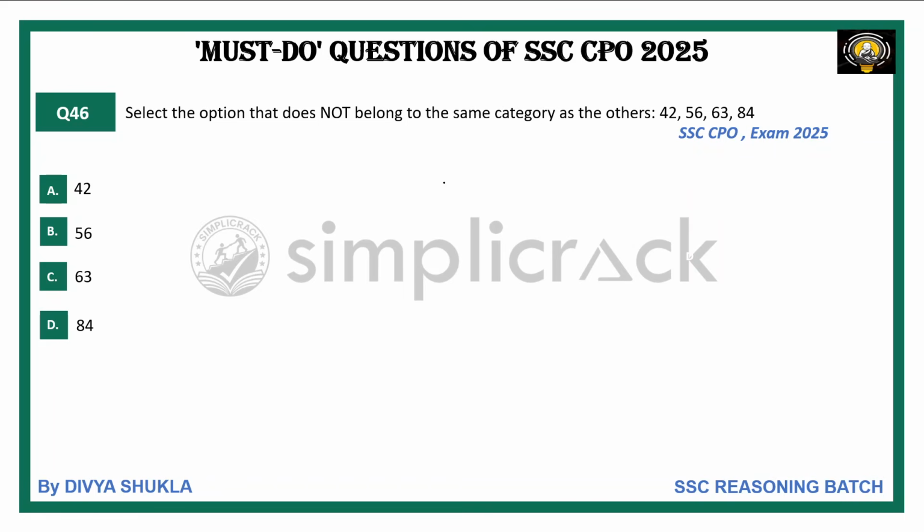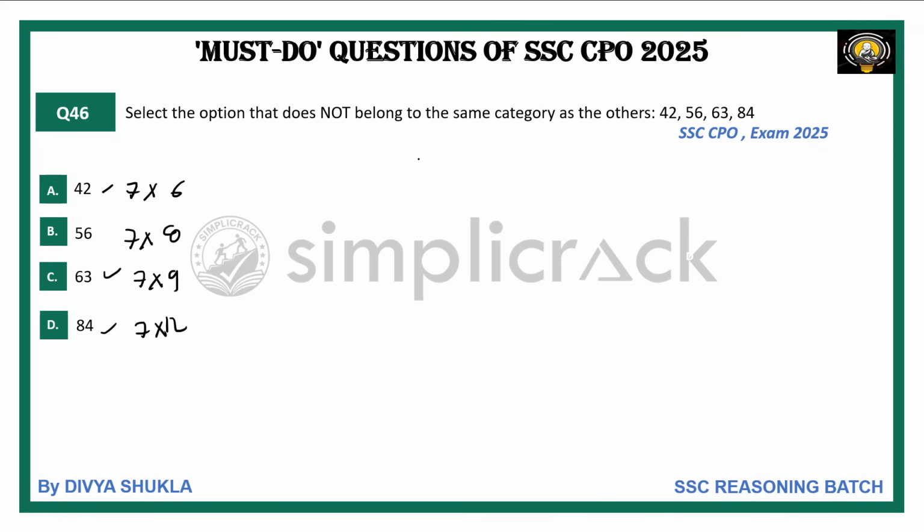Select the option that does not belong to the same category as the others. I have 42, 56, 63 and 84. If I say this is 7 multiplied by 6, this is 7 multiplied by 8, this is 7 multiplied by 9, this is 7 multiplied by 12. Or what else can we think of?